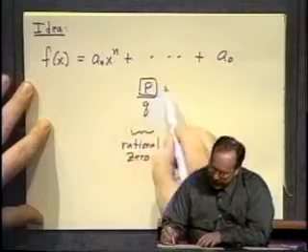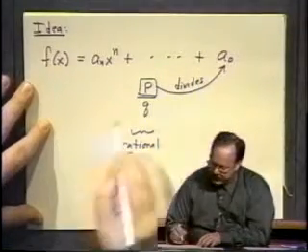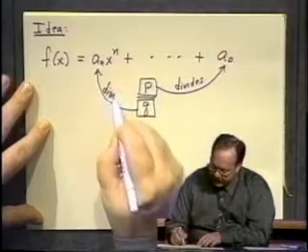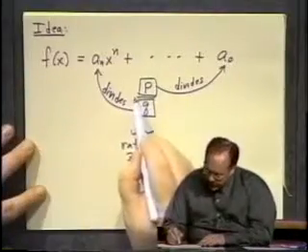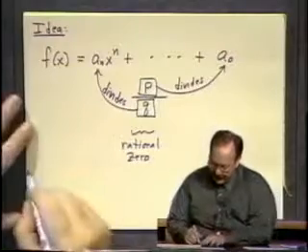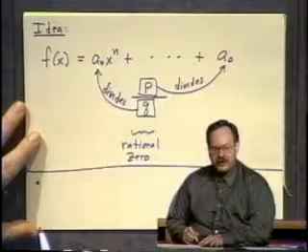The p must divide a sub 0, and the q must divide a sub n. So if you have a rational zero like that, that is what has to happen, and that gives you the test for checking rational zeros.